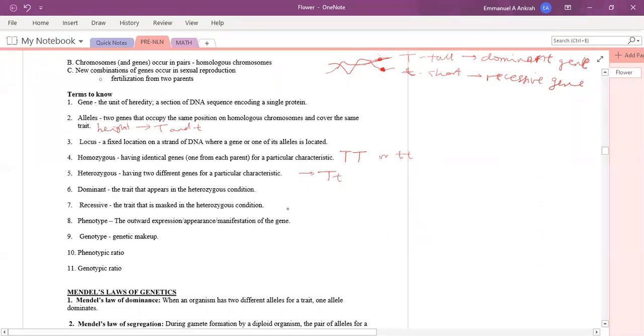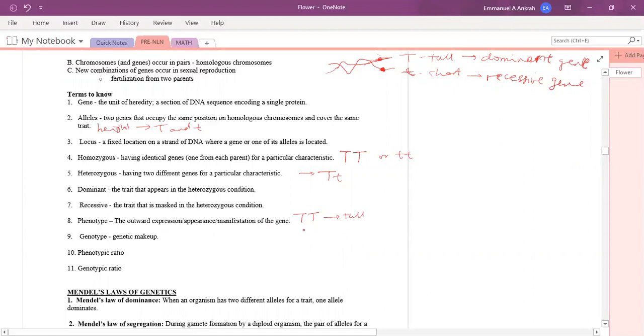So the phenotype is the outward expression of the gene, what you see on the outside, how the person looks. If the person is homozygous for the gene for tallness, then this person is going to be tall on the outside.